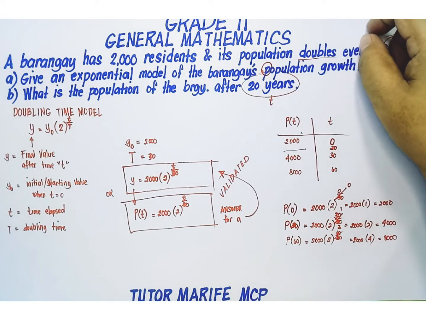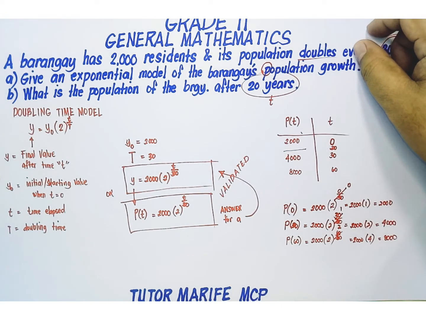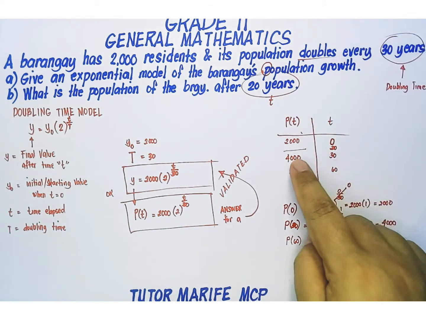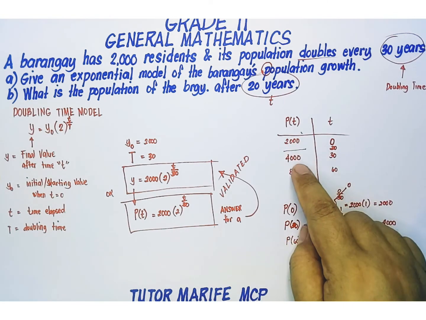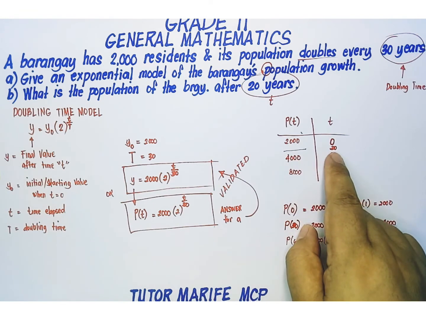Kasi hindi na growth ang mangyayari kung less than 2,000 ang nakuha mo. Kumonte yung population. So that's not a growth, it's a decay. Okay, so expect an answer that's greater than 2,000 but less than 4,000 when time is 20 years.